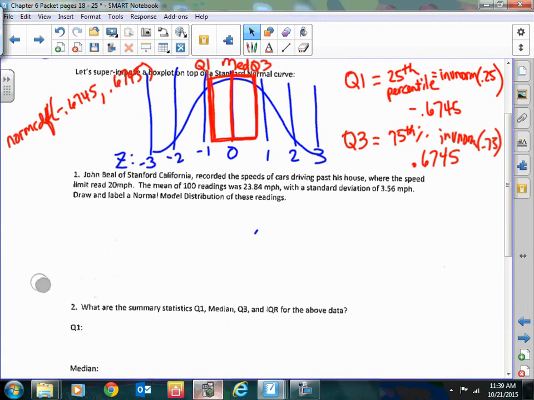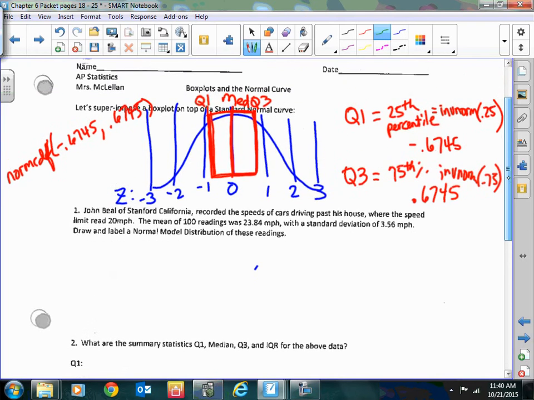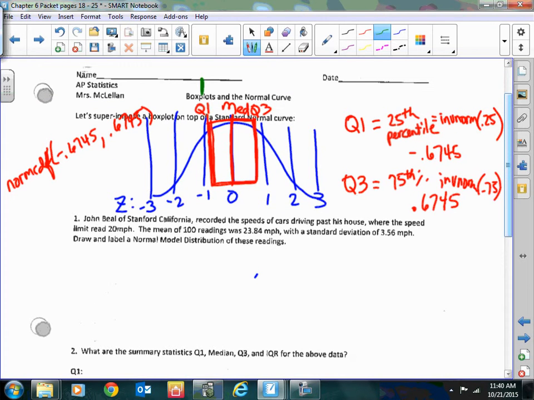I want to make one more connection for you. It should make sense that you don't go all the way out to 1 standard deviation. It should make sense that this Q1 to Q3 is closely clustered around the mean, because technically, how much area is from 1 standard deviation down to 1 standard deviation up? 68%, right.